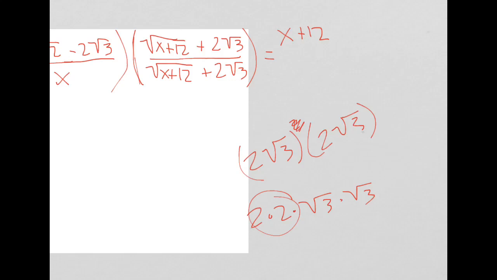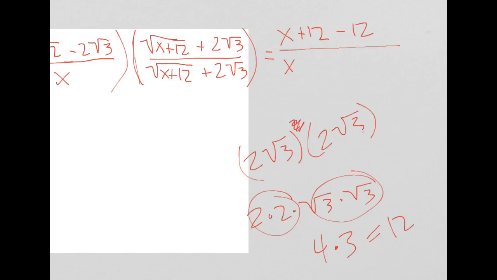Well, 2 times 2 is 4. Square root 3 times square root 3 is 3. And then simplifying further, 4 times 3 is 12. So do not mistakenly just square the square root of 3 part and get 6. That will be incorrect. And remember, we are subtracting that square, so we're going to get minus 12 up there.